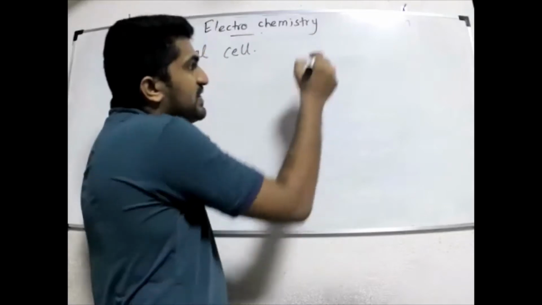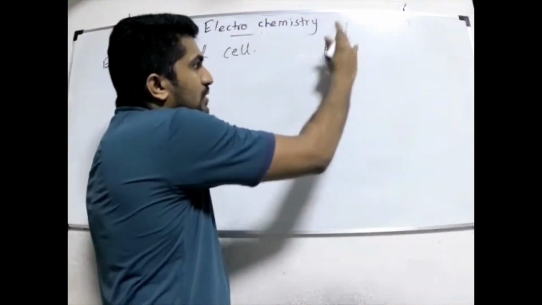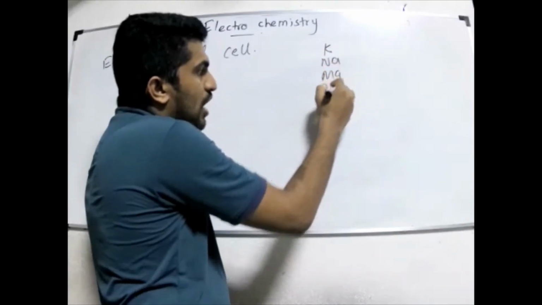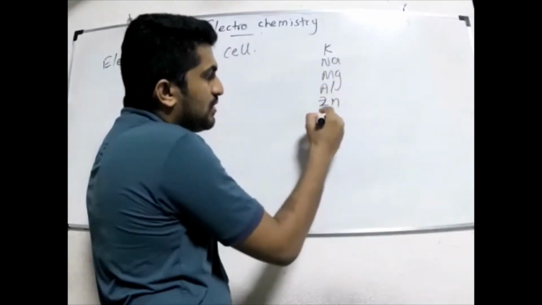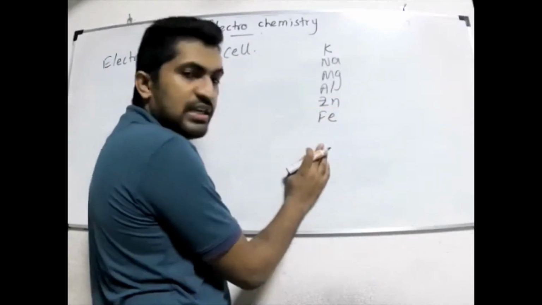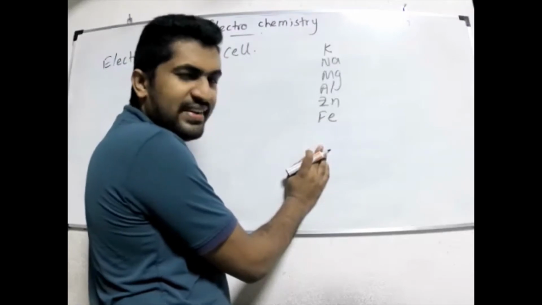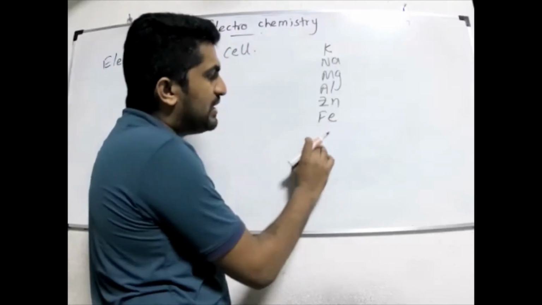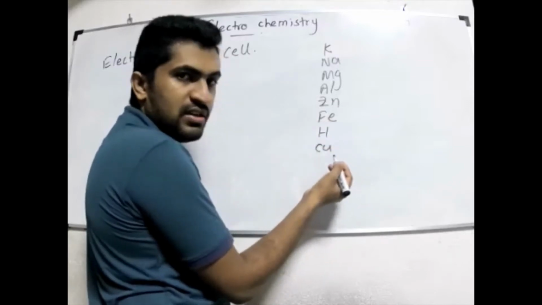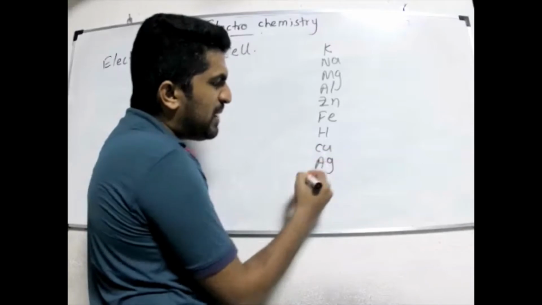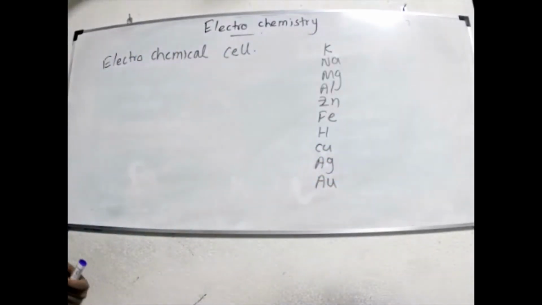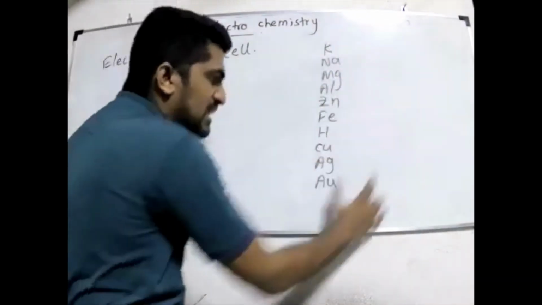We call it the activity series, starting from potassium, sodium, magnesium, aluminium, zinc, iron, nickel, tin is not coming for you, lead is also not coming for you, hydrogen, copper, mercury no need, silver you need, platinum no need, gold. Au for gold, silver is argentum and aurum. So you have to remember this series.